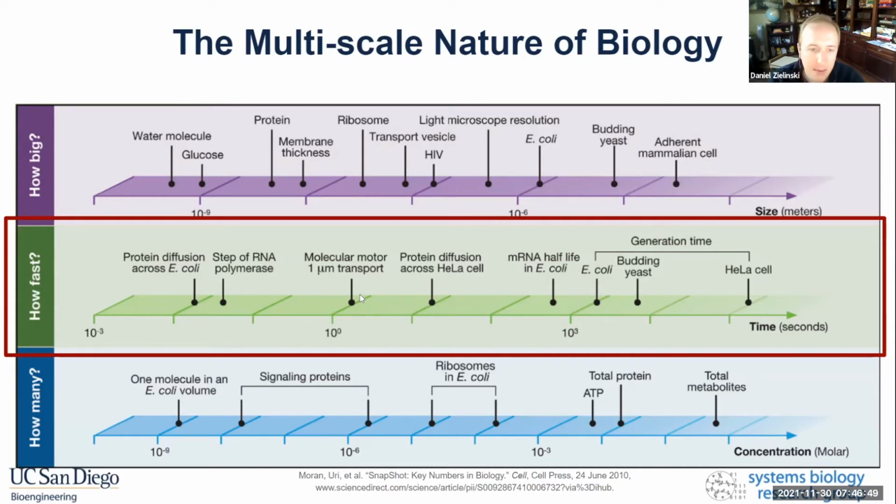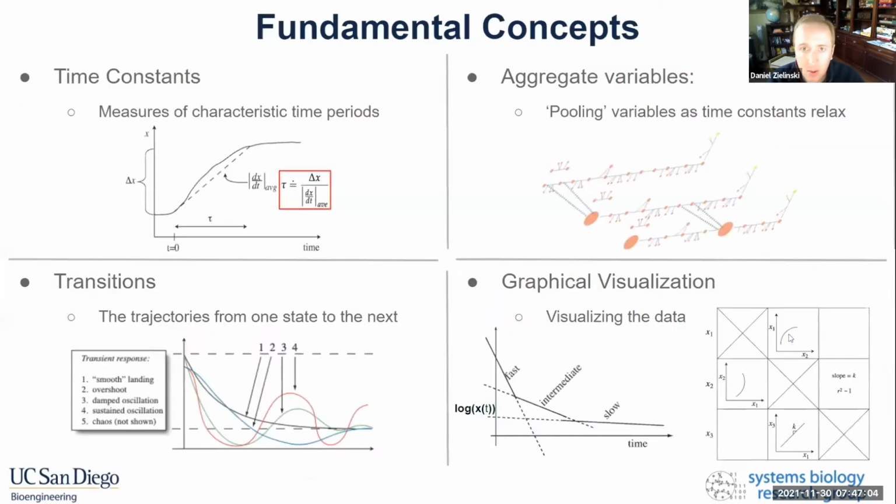So there's going to be a lot of separation in the time scales that things happen at. And that's really a central feature of dynamic modeling: understanding how these time scales actually result in the overall behavior of your network. So for example, this results in a number of simplifications that we can do to go from very large networks of mass action systems to a simplified understanding of the dynamics of our network.